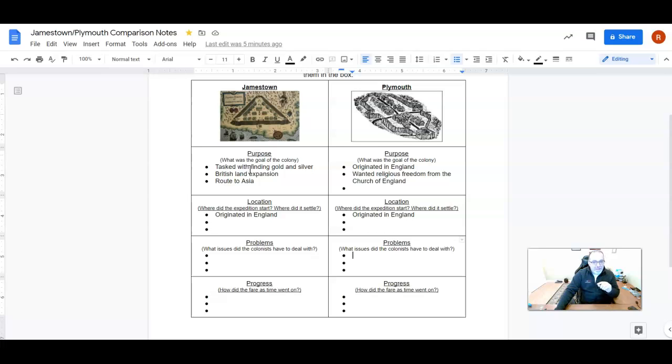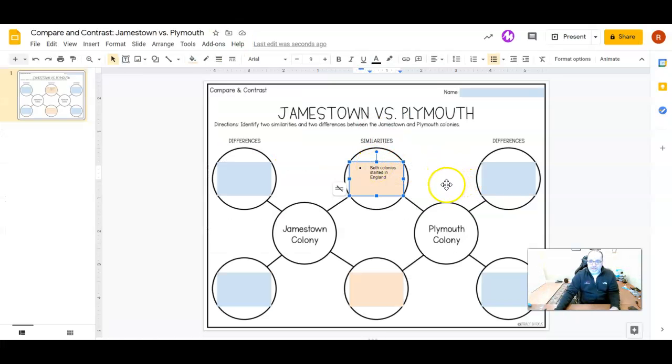Now, was that the same as in Plymouth? No, you're right. You're 100% right. Plymouth was about religious freedom. So let's go to the compare and contrast, and we're going to go with a difference. Let's make this a little bit smaller and say, was created for religious freedom and not for profit.